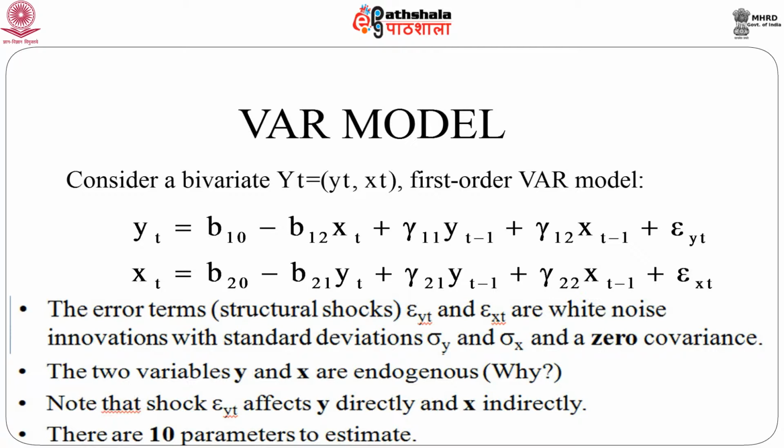Hence, the error term epsilon xt will have both a direct effect as well as an indirect effect. Now, shock epsilon yt affects yt directly and xt indirectly. There are 10 parameters to estimate.